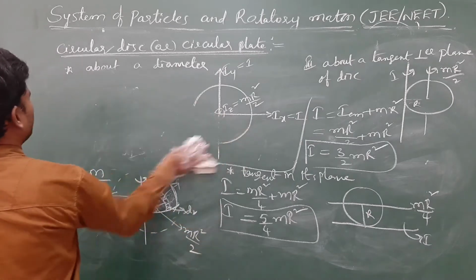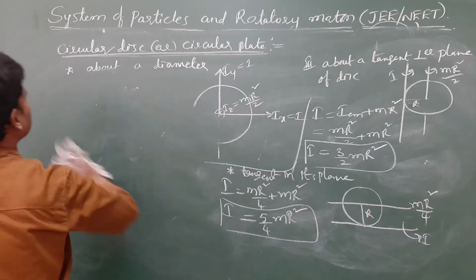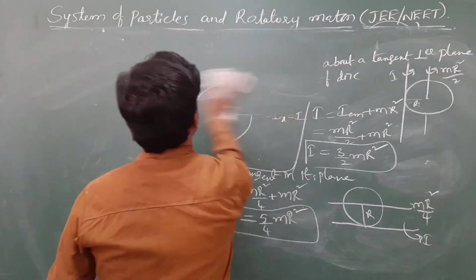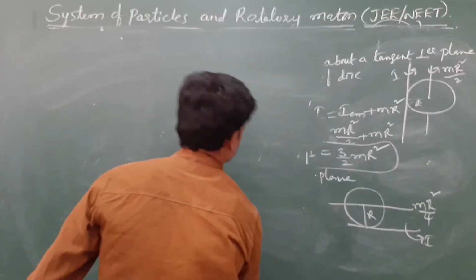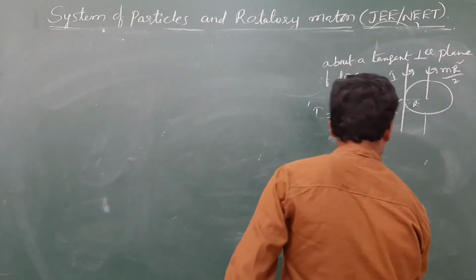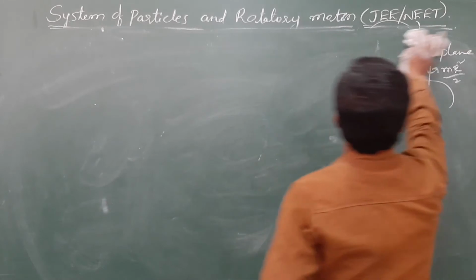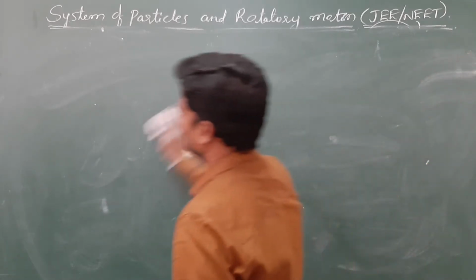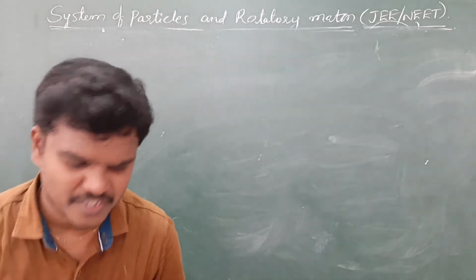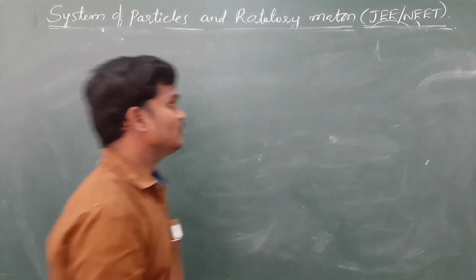Let us continue. Moment of inertia of a hollow sphere. Keep the final formulas in mind, practice all these formulas and solve some easy-level questions by using the basic formulas. Now let me continue.